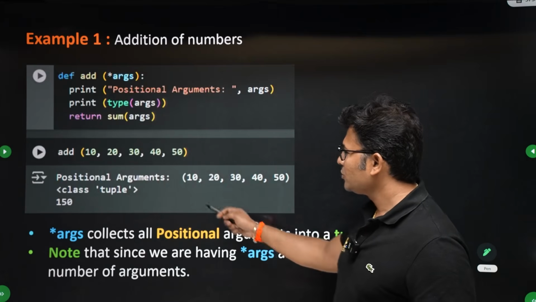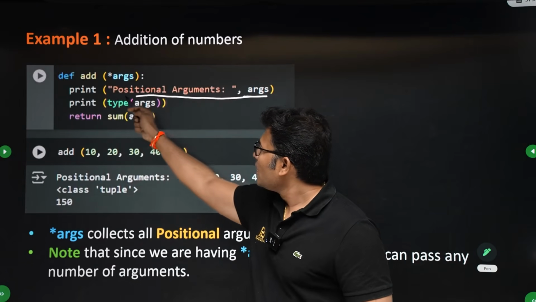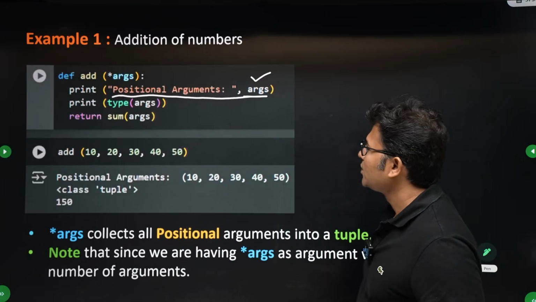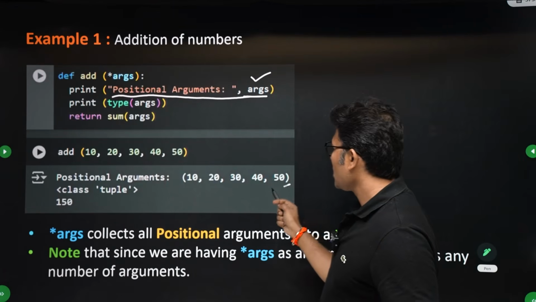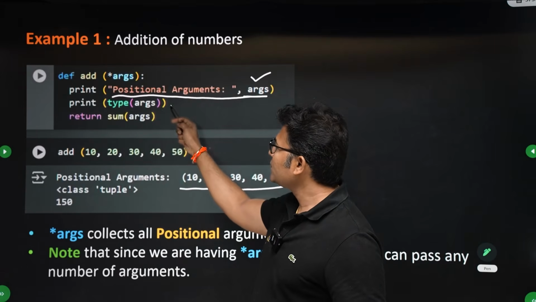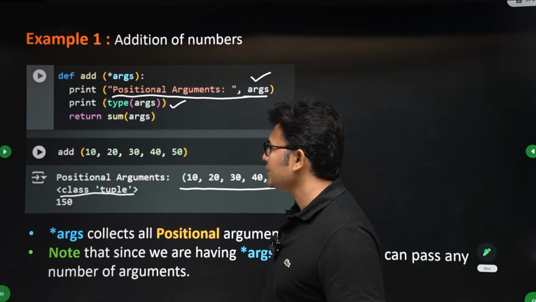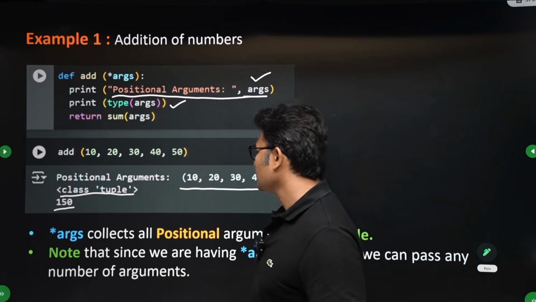Positional arguments here is args. You don't have to put a star here. Now what is args? Args is a tuple. If you check the type of args, it is going to say tuple. Now what is the sum? Sum is 150.